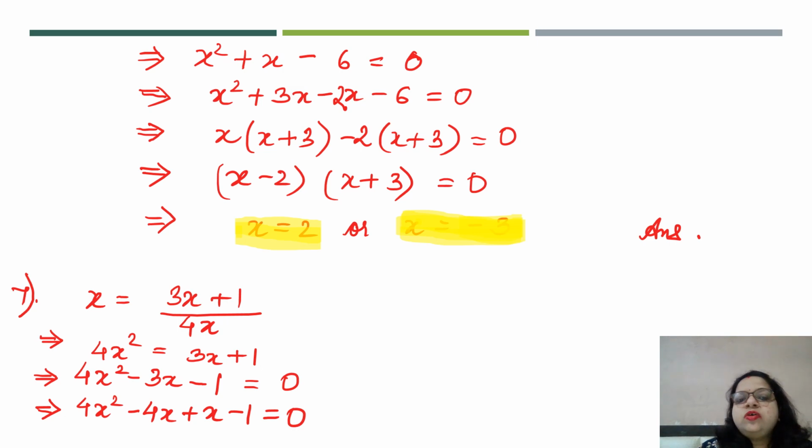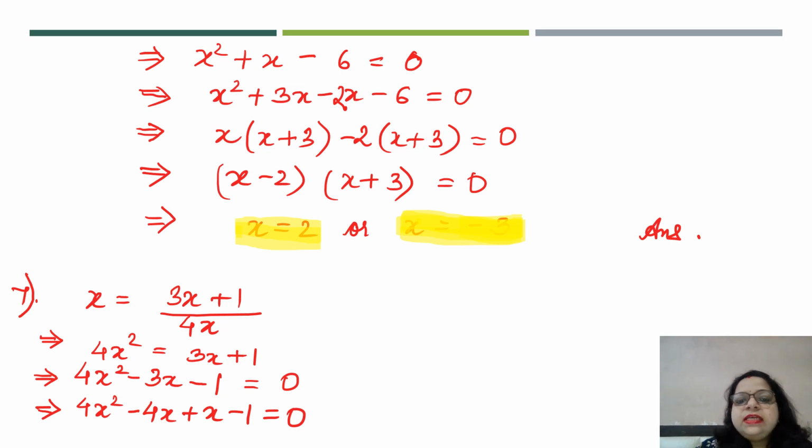So x square plus 3x minus 2x minus 6 is equal to 0. x into x plus 3 minus 2 into x plus 3 is equal to 0. So x minus 2 or x plus 3 is equal to 0. x is equal to 2 or x is equal to minus 3. That is the answer.